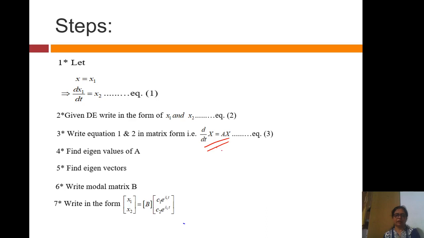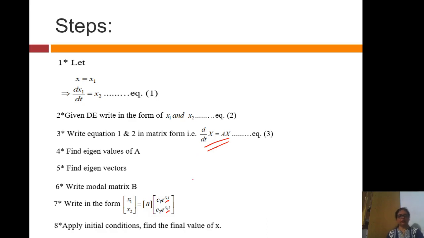Then we write the equation in the form [x1 x2] equal to B matrix, where B means the model matrix from step number 6, times c1 e to the power lambda 1 t and c2 e to the power lambda 2 t. Here, since it is a second order differential equation, there are two eigenvalues: lambda 1 is the first eigenvalue, lambda 2 is the second.